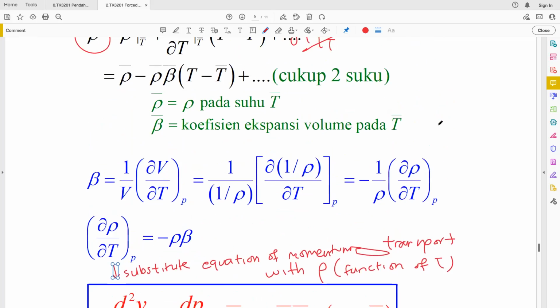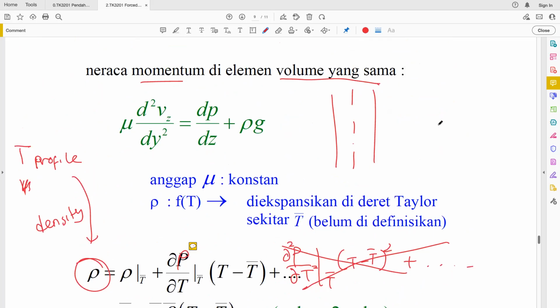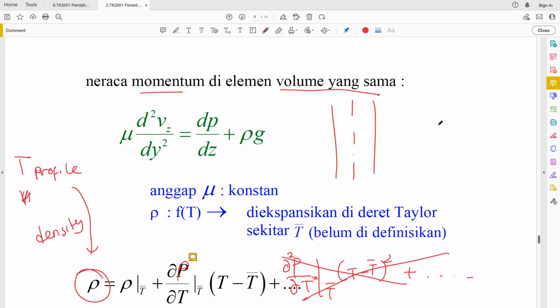So we substitute the equation for the momentum balance in this shell element. It's a function of rho, but for the density we can't say that it is a constant density, because we know that there is a temperature difference, a temperature distribution.